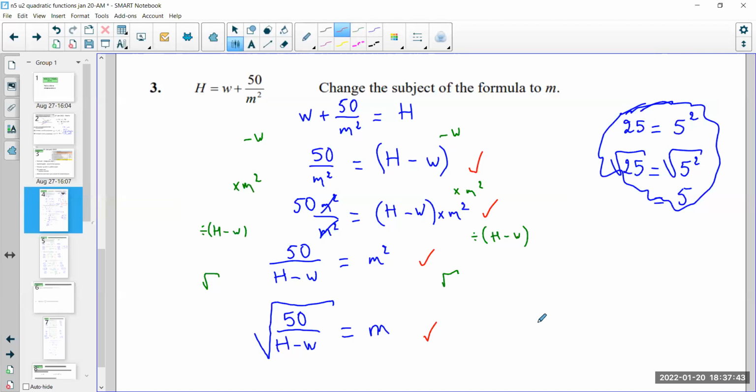So for folks who put the square root of 50 like that over h minus w, and they had meant the whole thing, you don't get the mark, because that should have been the square root of the fraction itself, not just the square root of 50, and then you divide by h minus w.